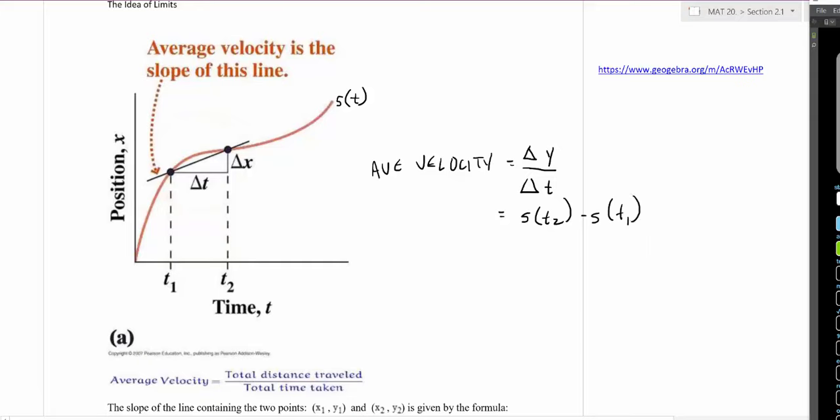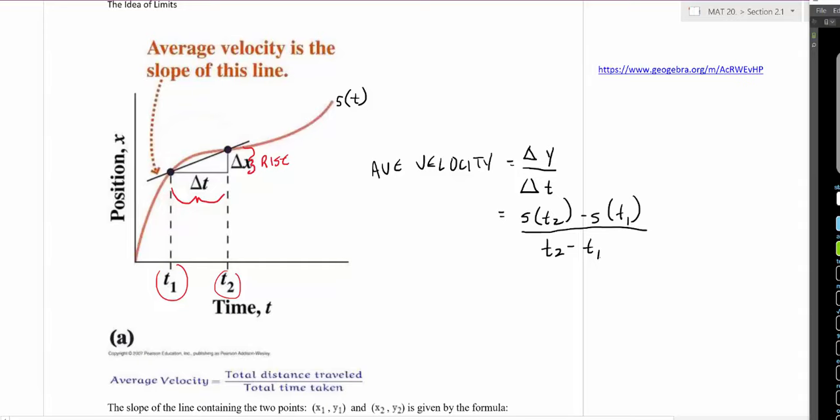That would give you the change in these y values, the rise right there. And then you would have the difference between the x values, in this case t values, which gives the run. So the run would be the distance between these two things, which is t2 minus t1. So you would end up getting this formula for an average velocity.